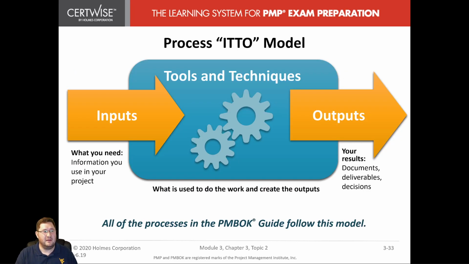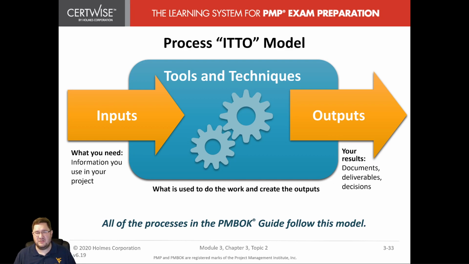All right. So the ITTO, input, tools and techniques, and output model. This is going to help you with all the processes. Every process has an input or multiple inputs. Tools and techniques, there's usually several of those, and 1 or 2, maybe 3 outputs.